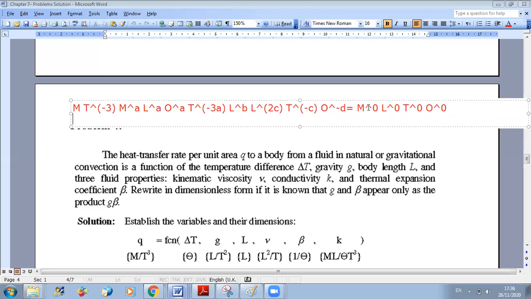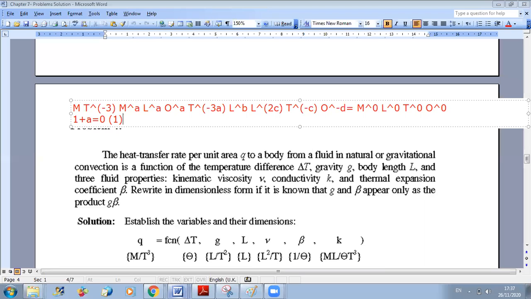So now the first equation is by taking the coefficient for M. What is the coefficient for M on the left side? For M, first it's to the power 1, and here I have M to the power A, so 1 plus A. Do I have any other M here? No. So 1 plus A should be equal to 0. This is equation number 1.